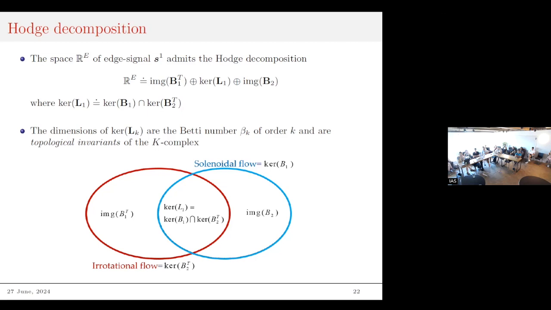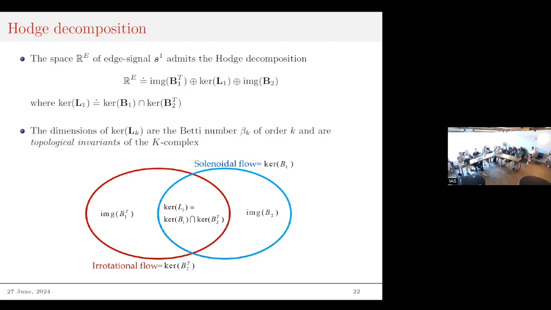And this space can be decomposed in three orthogonal subspaces. This decomposition takes inspiration from physics, from the vector field. And we have the representation of this partition of the space.